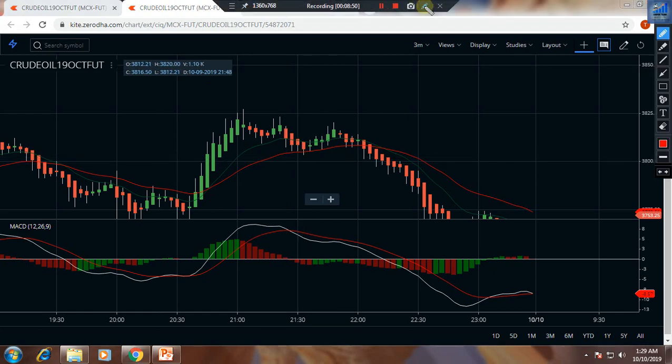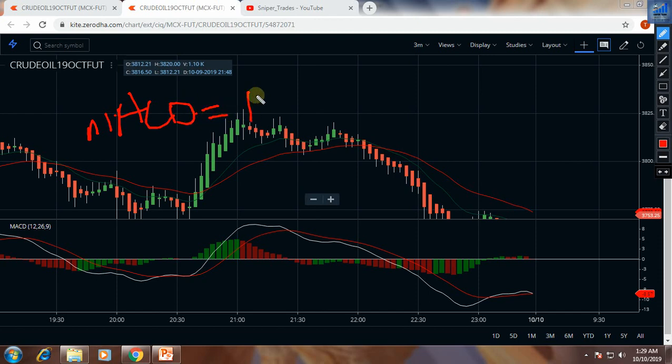So I'll write it here. This white line MACD is equal to the 12 period exponential moving average minus the 26 period exponential moving average. That is how this white line is calculated.